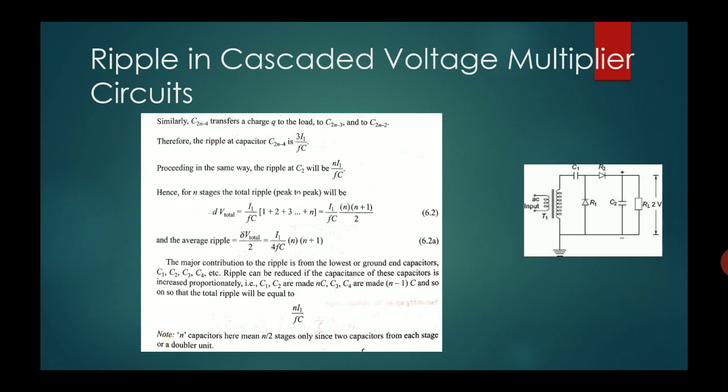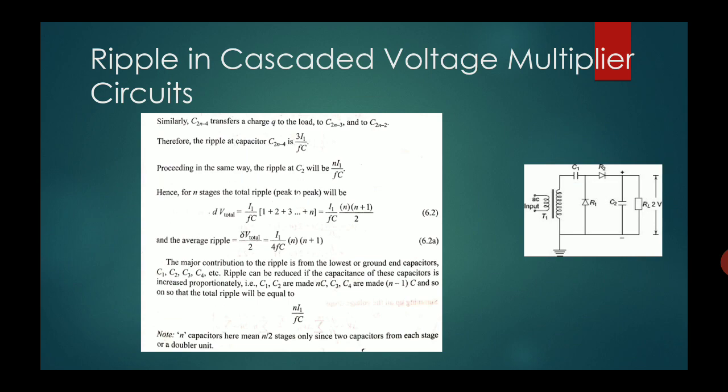The ripple at the capacitor C2n minus 4 is 3I1 by Fc. Proceeding the same way, the ripple at C2 will be nI1 by Fc. Hence, for n stages the total ripple peak to peak will be I1 by Fc into n into n plus 1 by 2, and the average ripple is I1 by 4Fc into n into n plus 1.